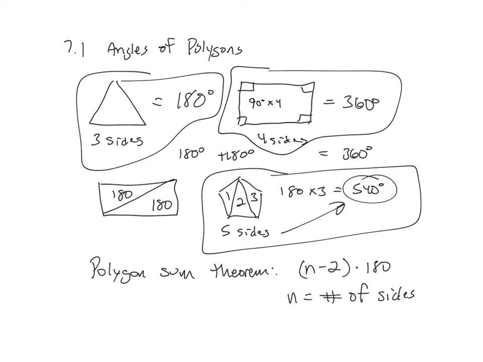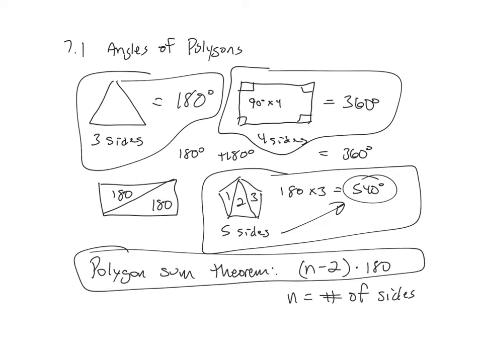Okay? So this formula is really important. You'll have some problems that say find the sum of the interior angles of a polygon, and it'll always say convex. This is only true for convex, which means it doesn't have any indentation.